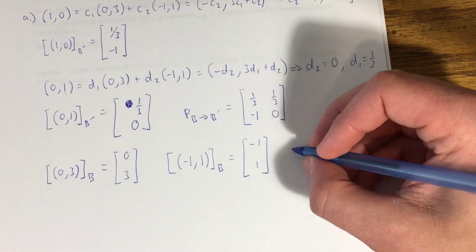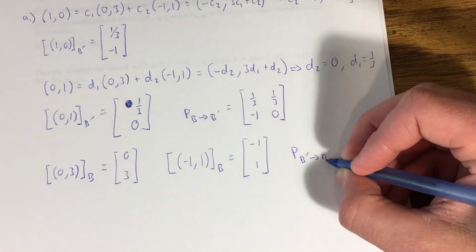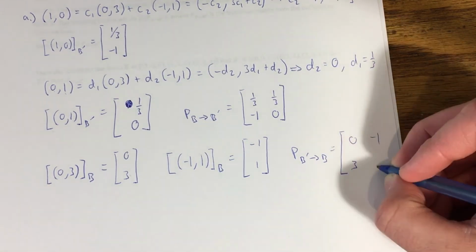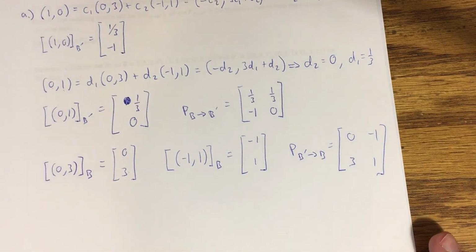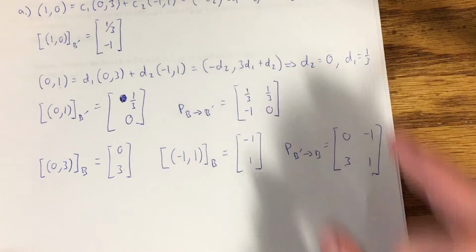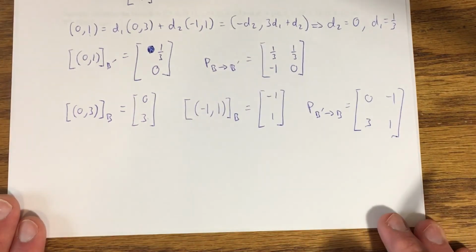So this means that my transition matrix from B prime to B just looks like 0, 3, negative 1, 1. Okay? You can go through the steps of doing this the longer way if you want to, just to confirm that the results I'm getting are correct. But it's worth doing that on your own just to see that.